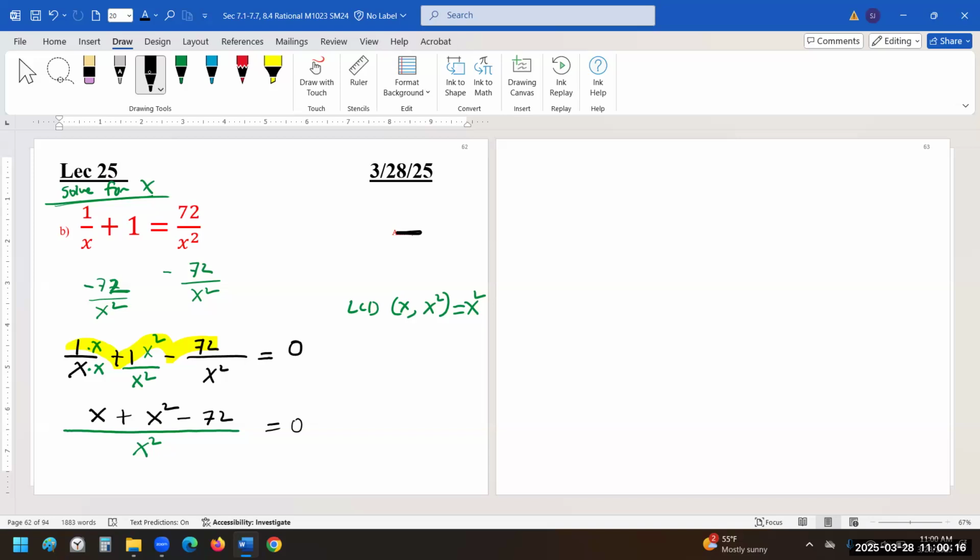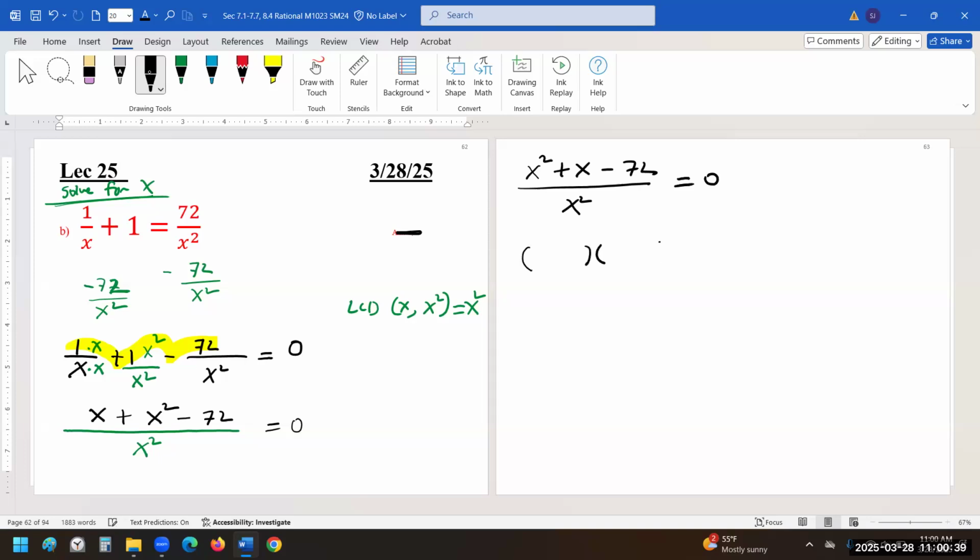So before you do anything, let's order them. Minus 72 over x squared. And before even getting rid of the denominator, let's factor the numerator. So complete the left side and then do whatever we want to do at the end.